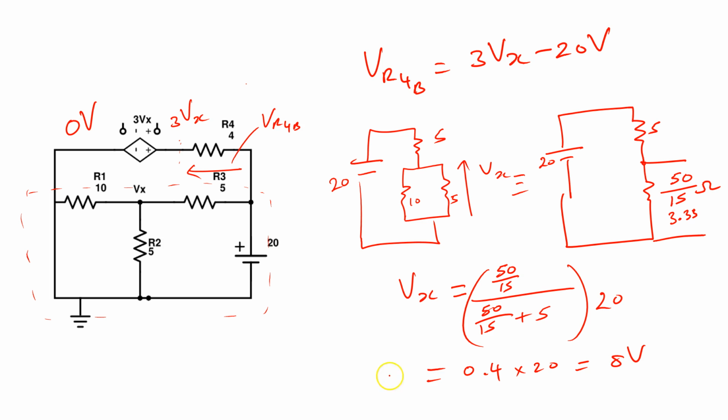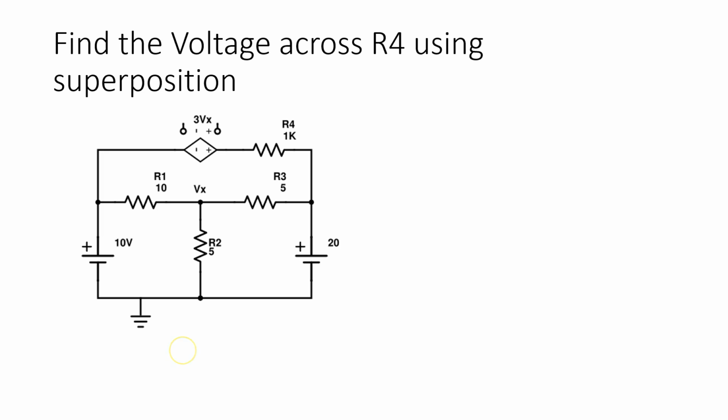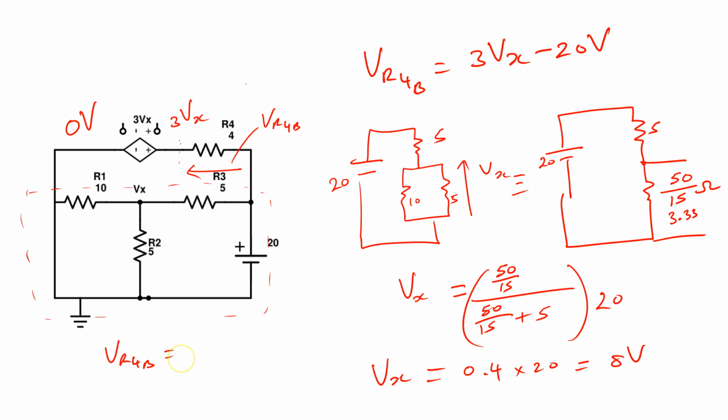So Vx is 8 volts. Therefore VR4B is 24 minus 20, which is equal to 4 volts.